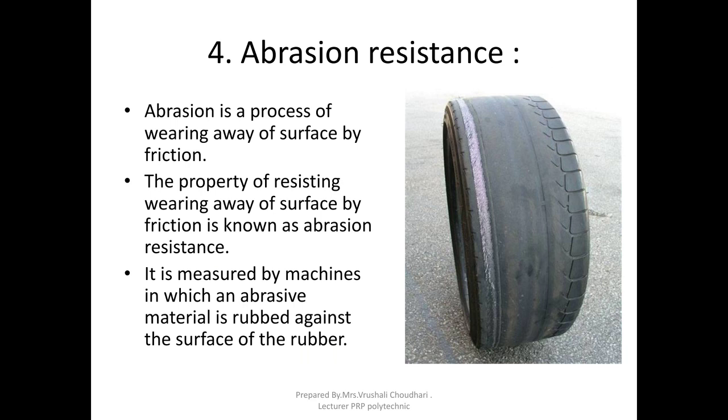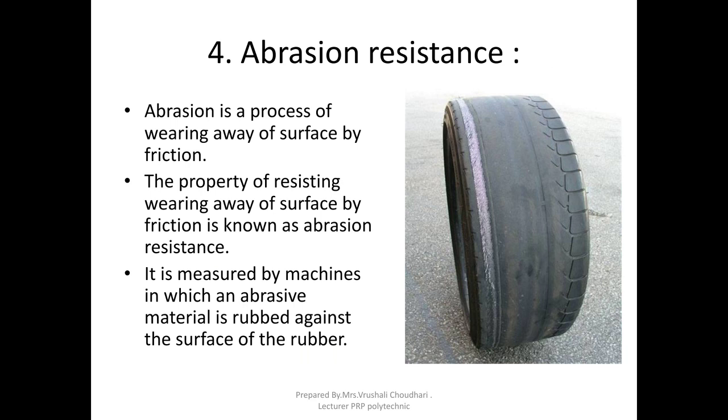Abrasion resistance. The process of wearing away of a surface by friction is called abrasion. In the picture you can see the tire. Due to continuous friction between the road and the wheels, the tire surface gets worn.